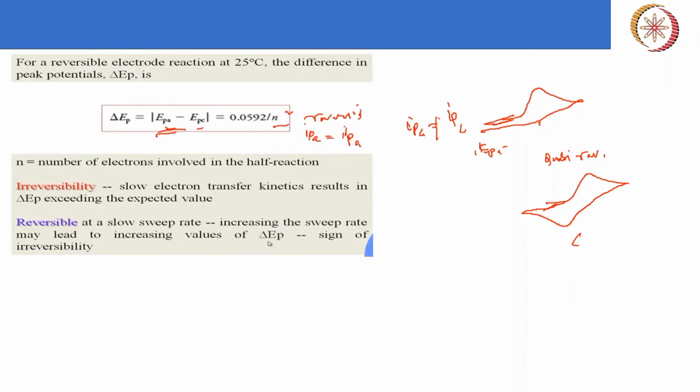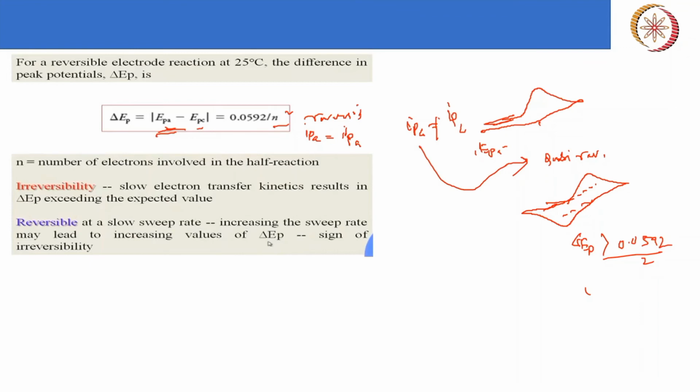So basically this del EP is greater than 0.0592 by n, the 2 here. And the peak potential for the cathodic and anodic process is not the same. The redox peak is there, but the cathodic and anodic peak positions and current values are not the same. This is the condition for the quasi-reversible process.